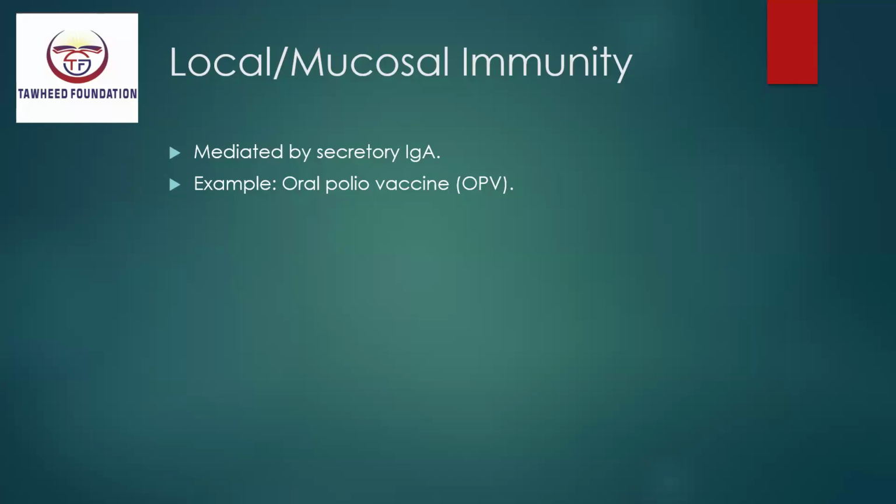Local immunity can only be induced by natural infection or by live vaccination, but not by killed vaccines. For example, following administration of live oral polio vaccine, OPV, or following infection with poliovirus, secretory IgA antibodies are synthesized and coated on the intestinal mucosa, which prevents subsequent poliovirus infections. Such immunity does not develop following injectable killed polio vaccines.